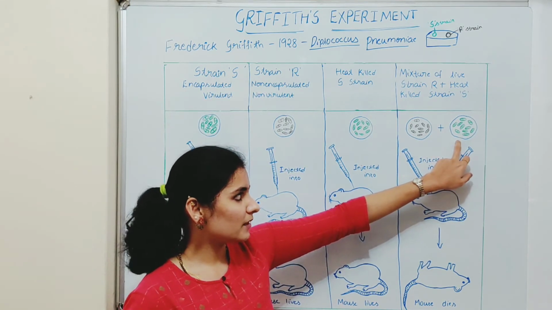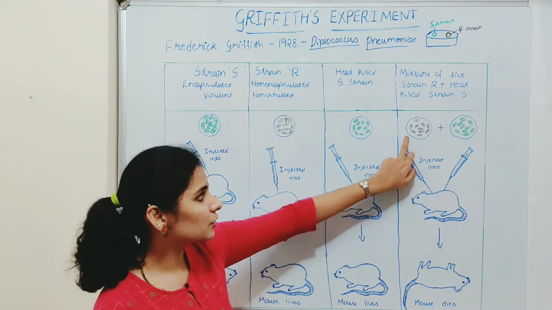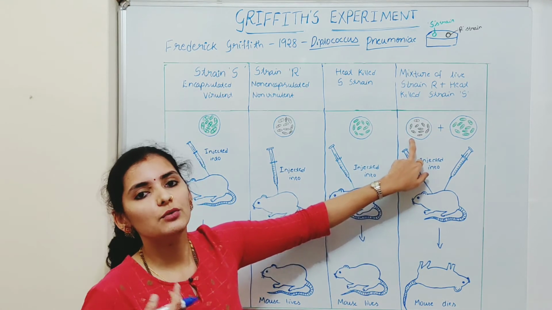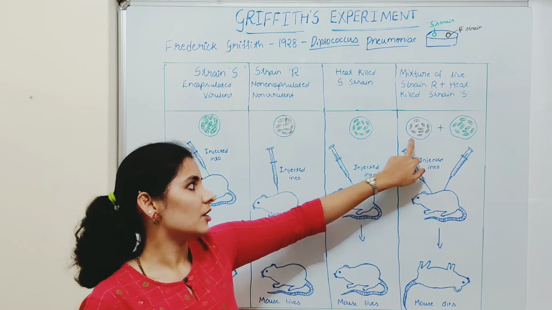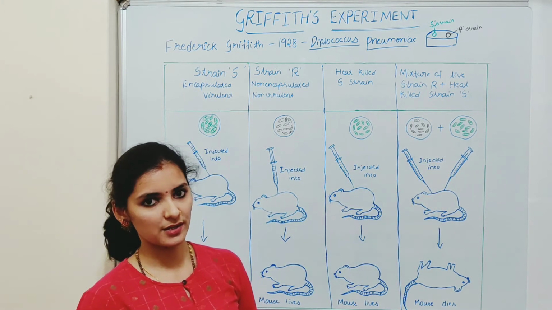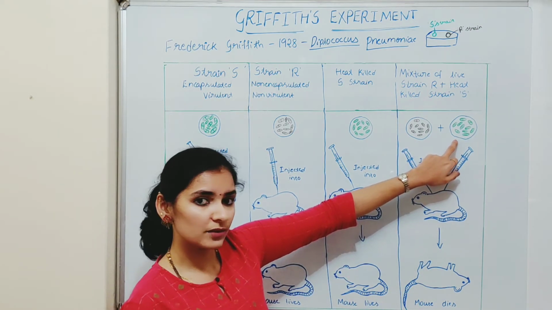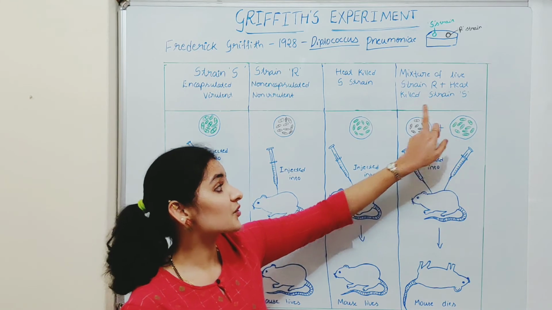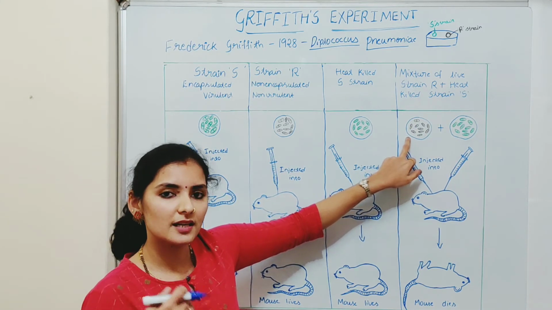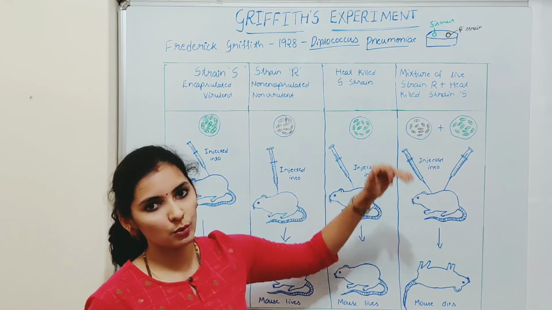The transforming principle from the heat-killed S strain is transferred to the R strain and it enables the R strain to convert into the S strain. The difference between the R strain and the S strain is the presence of a mucin coat, isn't it? So this transforming principle, transferred from heat-killed S strain to R strain, enables the R strain to synthesize a mucin coat, which converted the R strain to virulent.